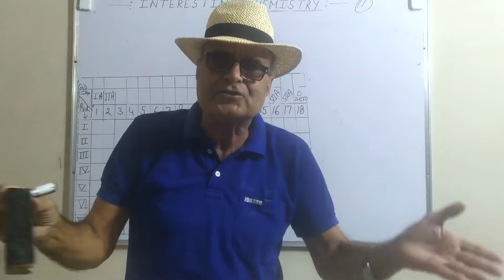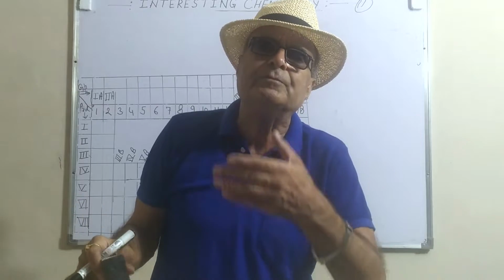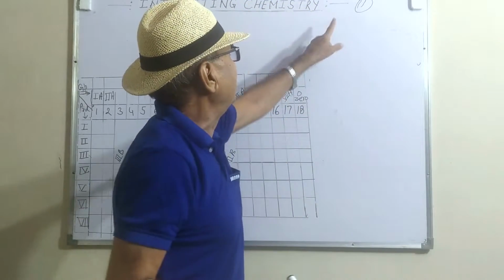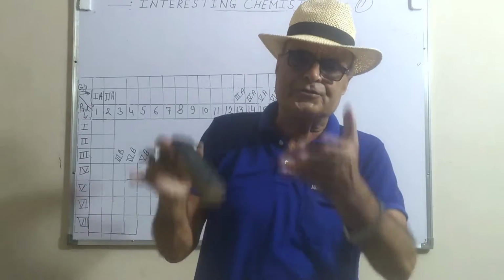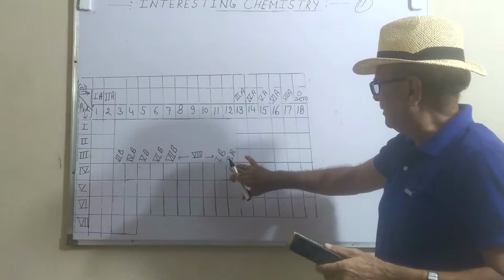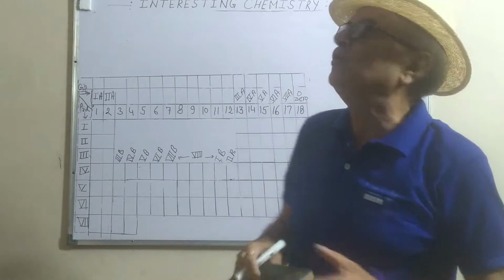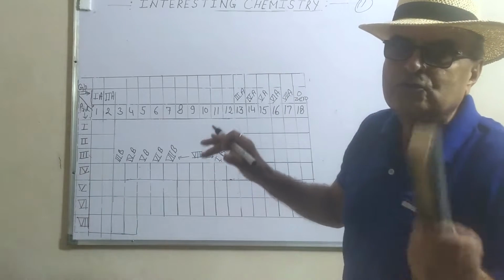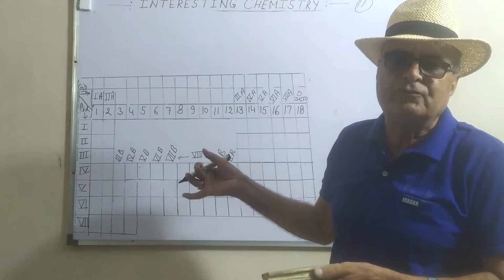In the first video I explained the history. In this second video I will explain up to the first 30 elements, and the rest will be explained in my third video. You only have to watch my video for 15 to 20 minutes.